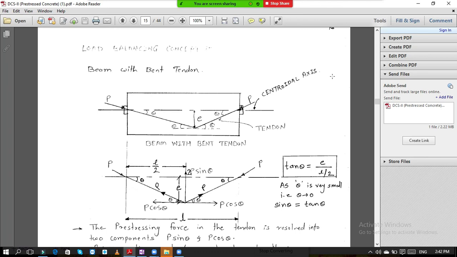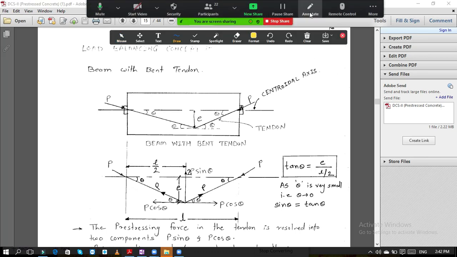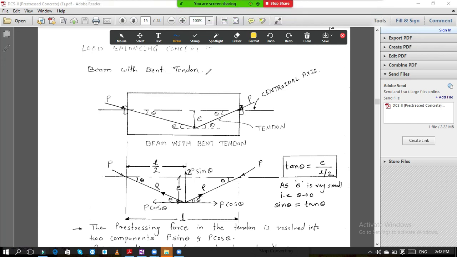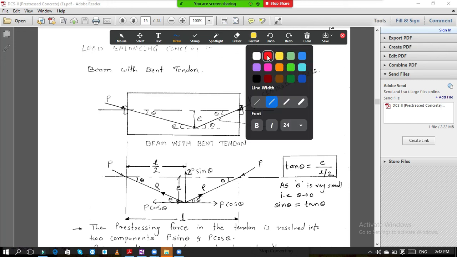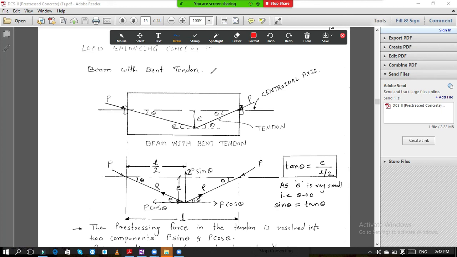Now, this is also a very simple concept. Here in the load balancing concept, you are going to use two formulas. One is for the bent tendon. Bent tendon means the tendon which is shown over here.